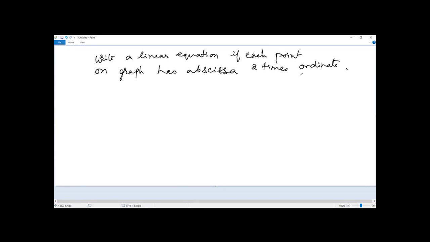What is abscissa? X coordinate, the x-axis. That should be 2 times the ordinate. Ordinate is the y coordinate. So x is equal to 2y, ma'am. Yes.